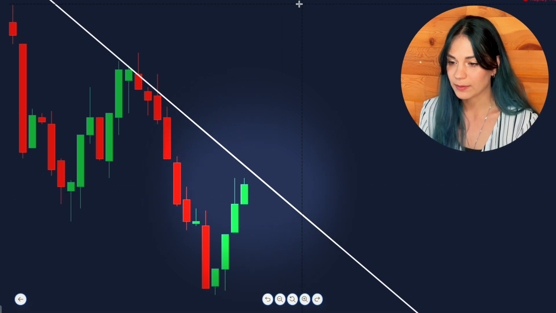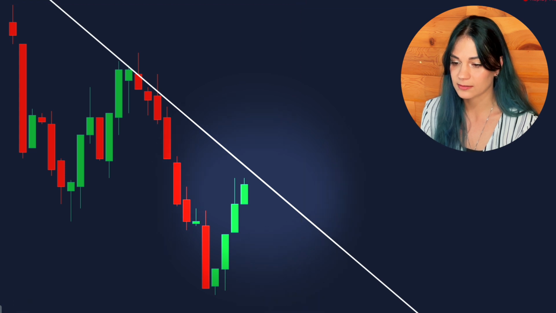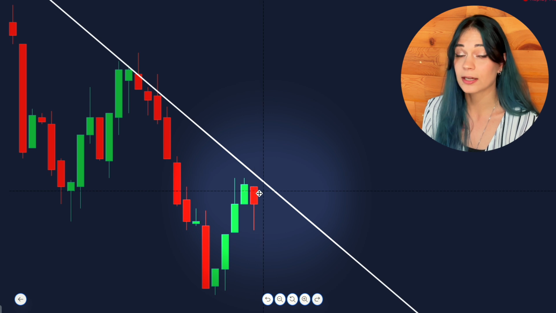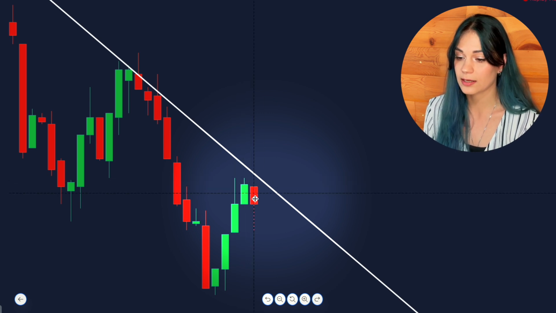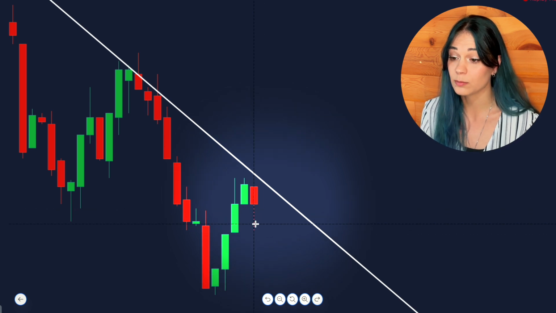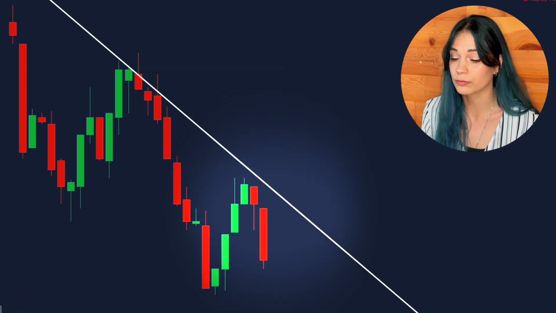Let's see what's happening after the next candlestick is closed, and we see that the bulls actually are losing to the bears, and the bears got the price a little bit down, even though the bulls are going to get it back up. But in this case, I wouldn't enter a deal because the bulls are still having control over the market.